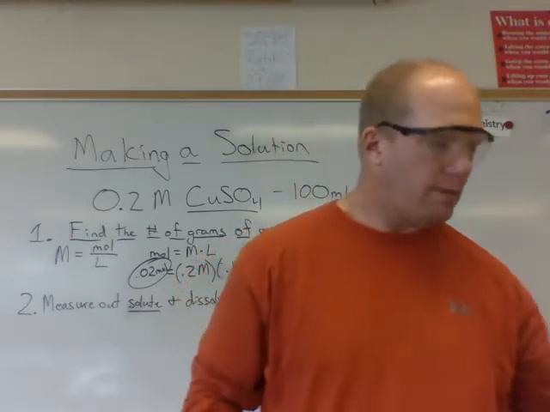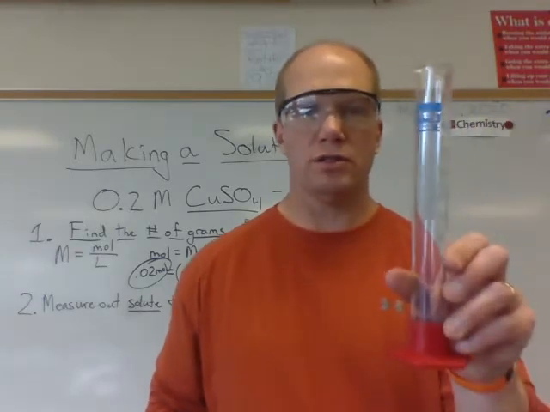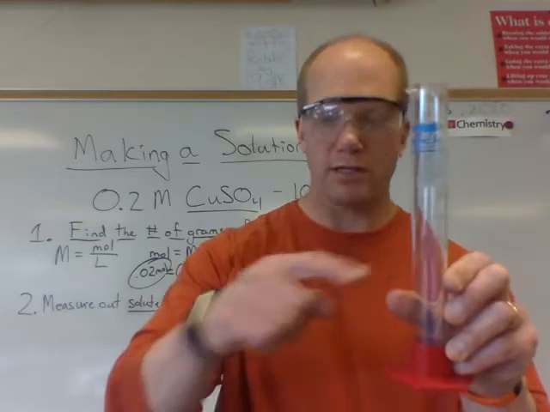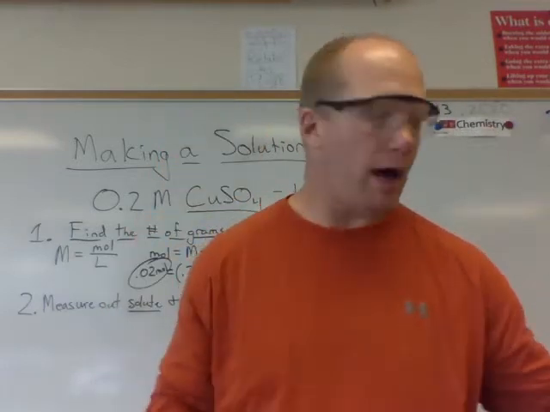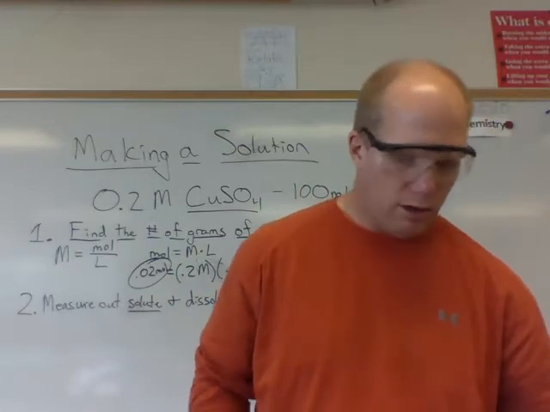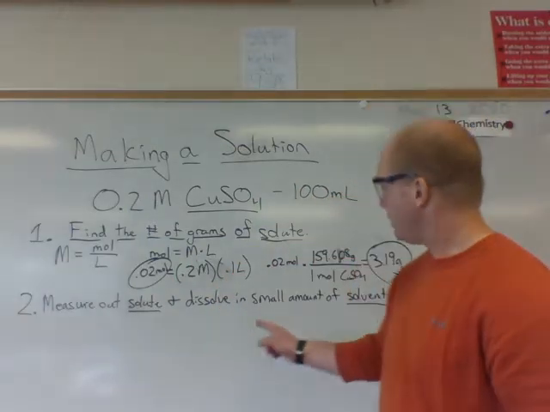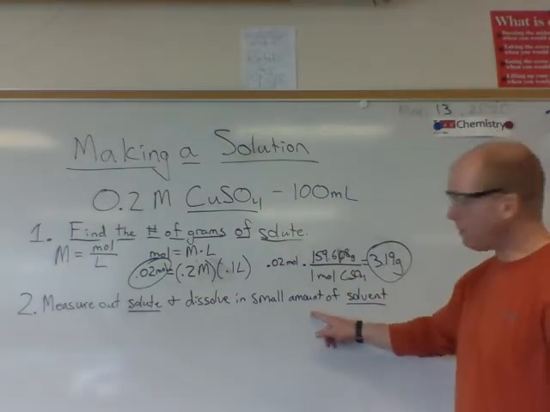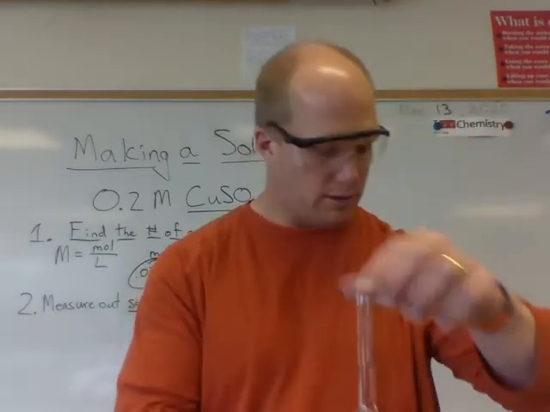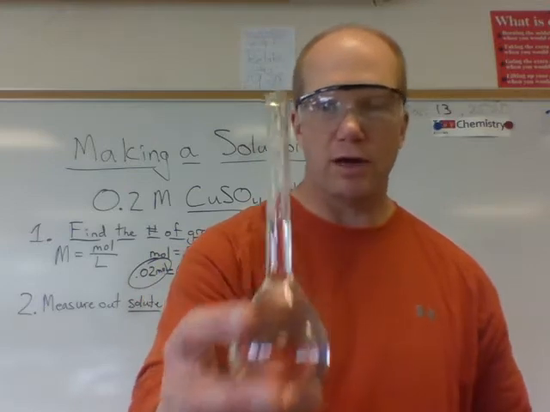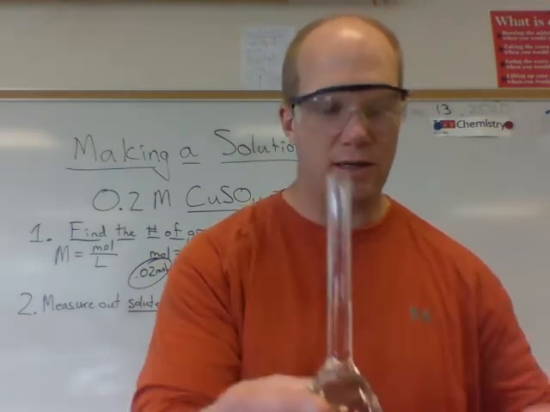If you're making a solution, you can also use a graduated cylinder, which is a bit more flexible. But these are easy and nice to mix stuff in, so I use them a lot. So one thing we want to do is this. If you notice, it says dissolve in a small amount of solvent. So I don't want to start with 100 milliliters and then add in my stuff. So I have this flask measured out to exactly 100.